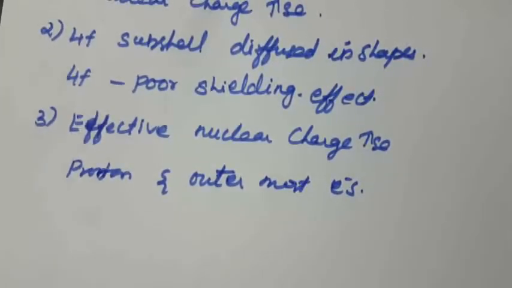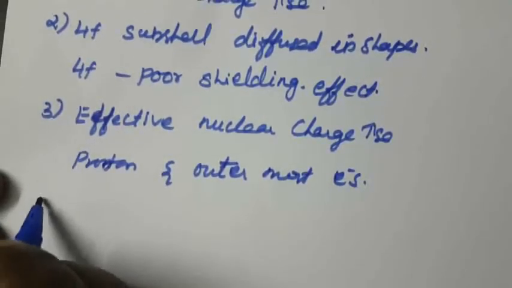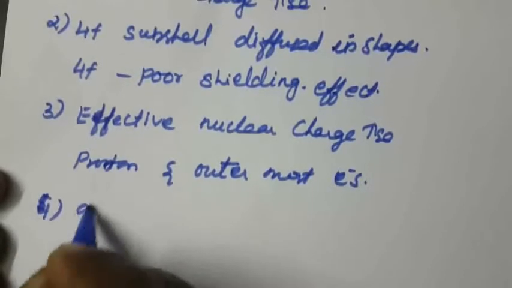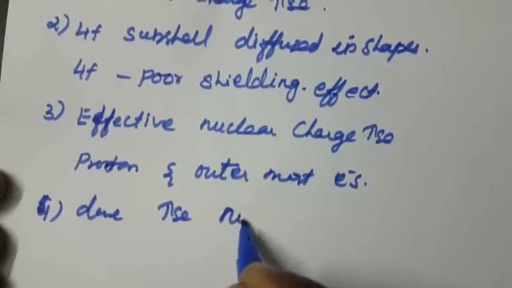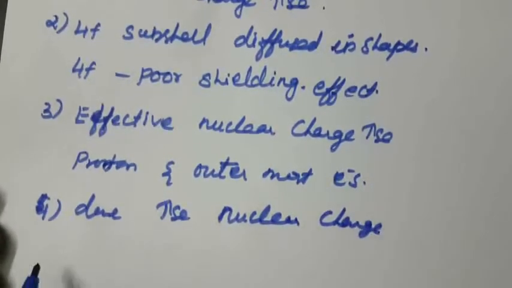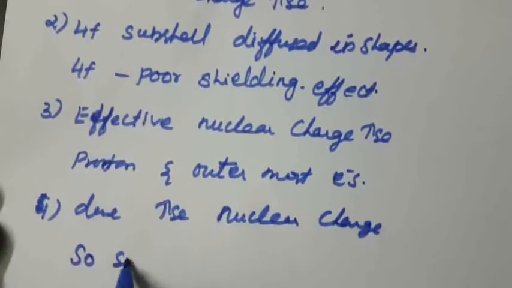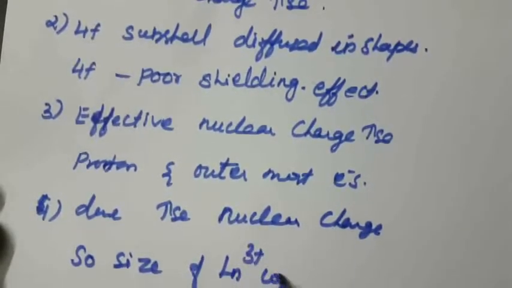With the increase in nuclear charge, the valence shell is pulled slightly towards the nucleus. So the size of the lanthanum 3+ ion decreases.